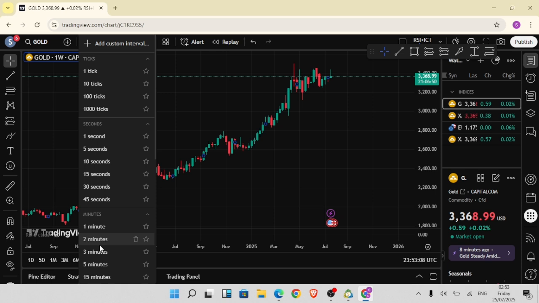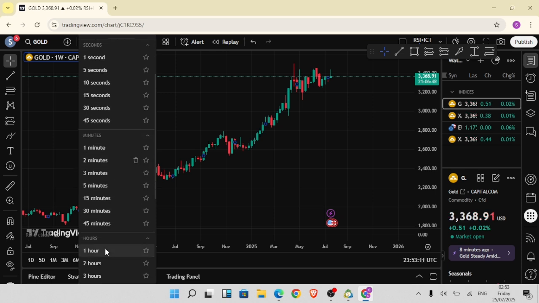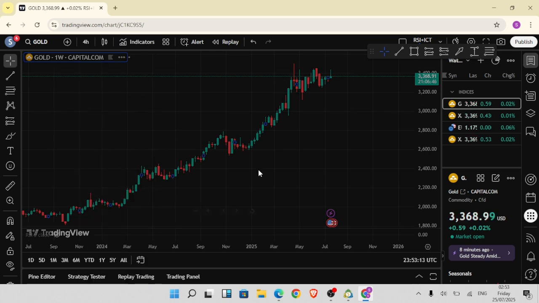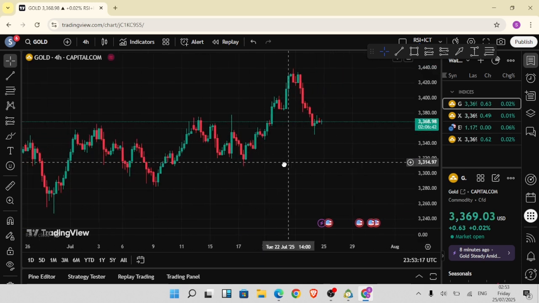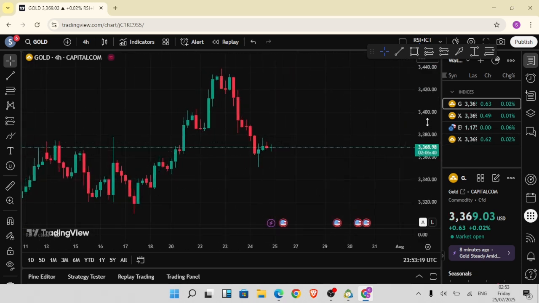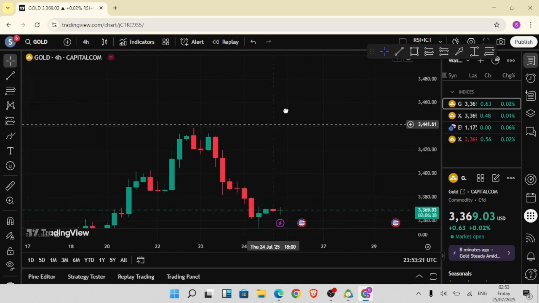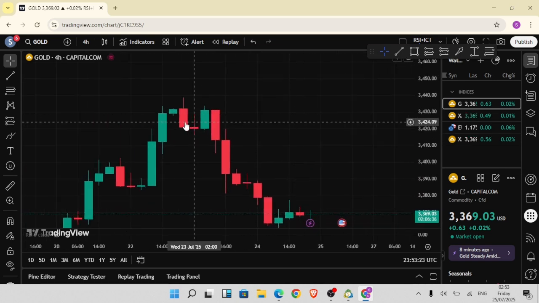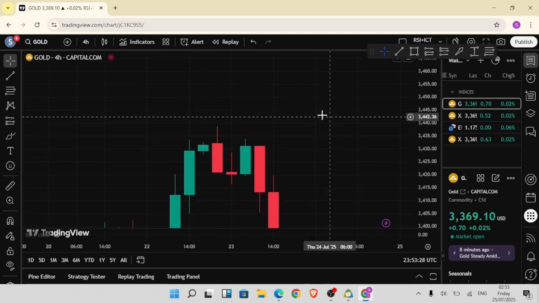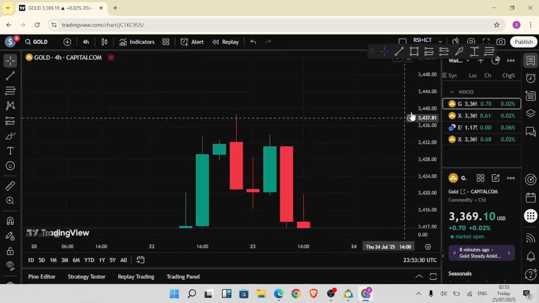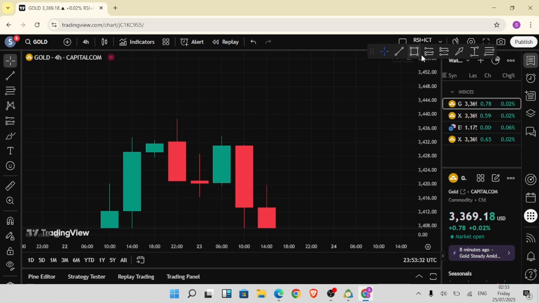The idea is that you are watching the 4-hour candle open. As you watch this candle open, let me use this example here. You are going to wait. Price opens right here.